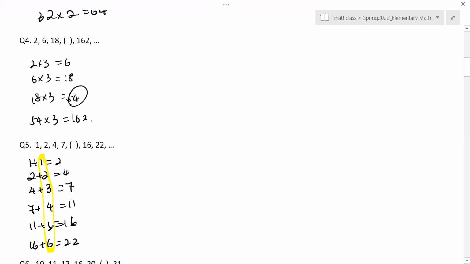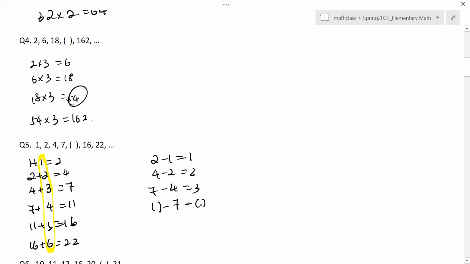Now another way you can look at it is to take the difference of two consecutive terms. 2 minus 1 is 1, 4 minus 2 is 2, 7 minus 4 is 3, and then the unknown number minus 7, we don't know.